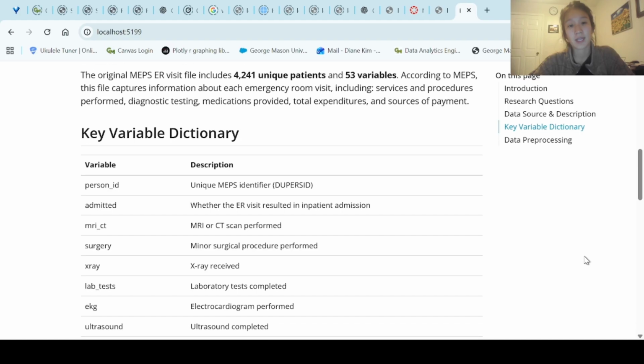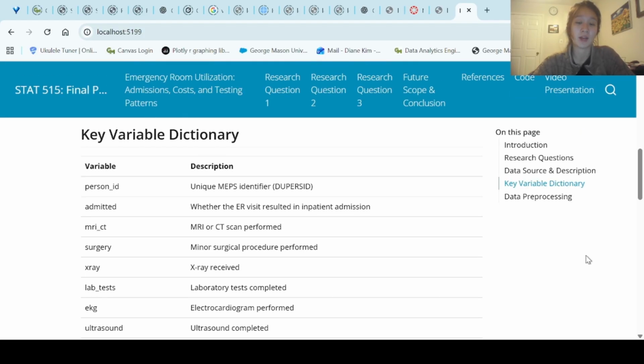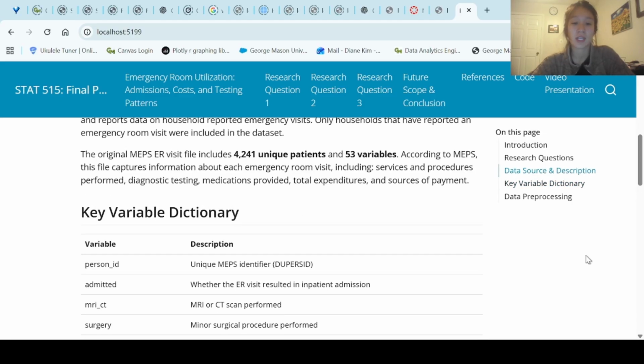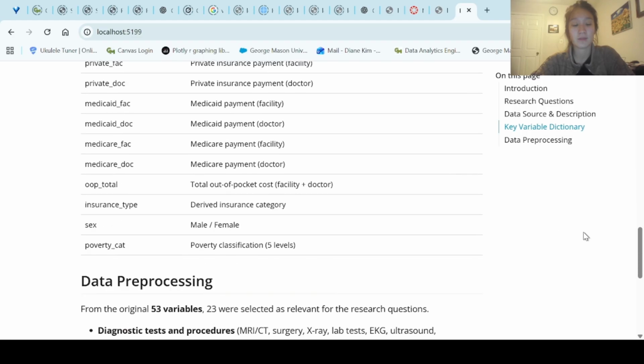The original data set had 4,241 unique patients and 53 variables. These variables included services and procedures done, diagnostic testing, medications provided, total expenditures, and sources of payment, as you can see down here.